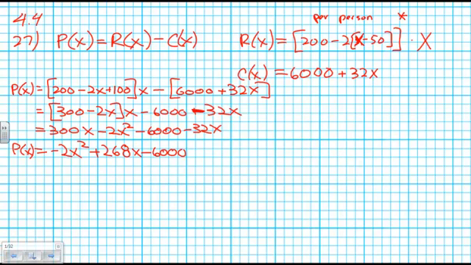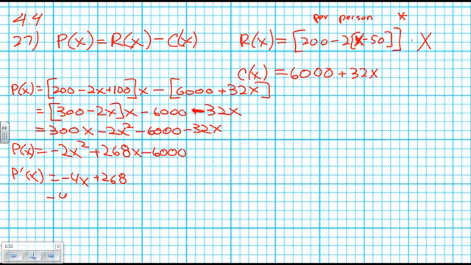But what I want to do is maximize profit. I would like to know for what value of x I get the biggest profit. Whenever we try to optimize something, we want to look at the derivative, set it equal to 0, and see if there's a local maximum or minimum that we can use. So what is the derivative here? We get negative 4x plus 268.